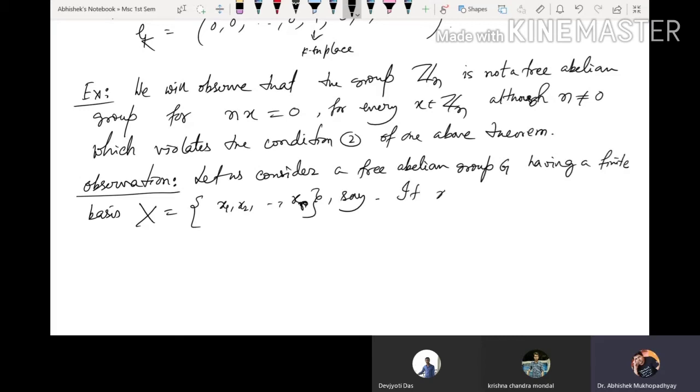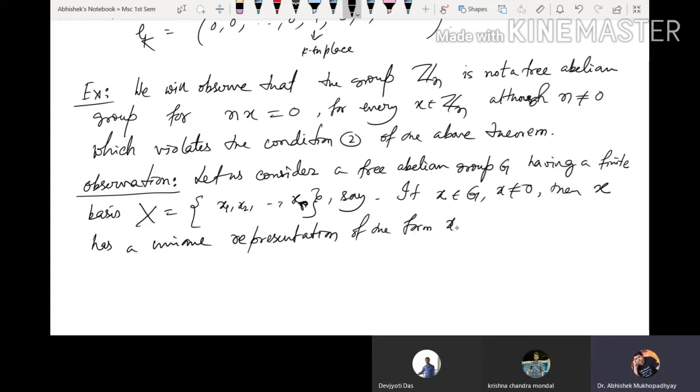Now if x belongs to G is such that x is non-zero, then by the definition of a basis, this x has a unique representation of the form x = n1x1 + n2x2 + ... + nrxr, for nk belonging to Z.